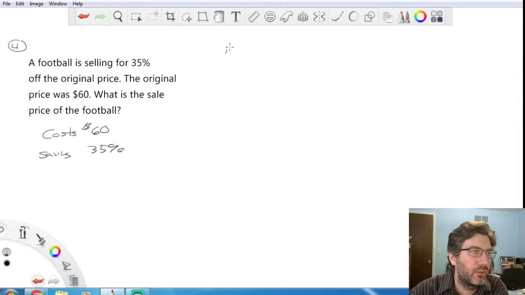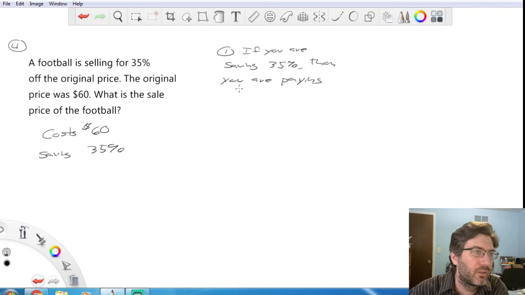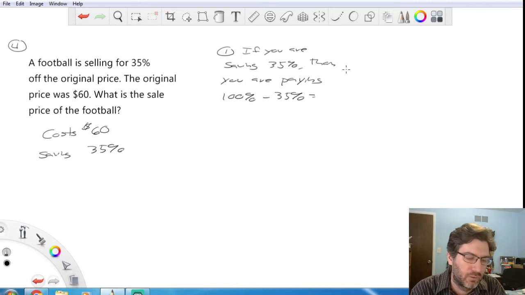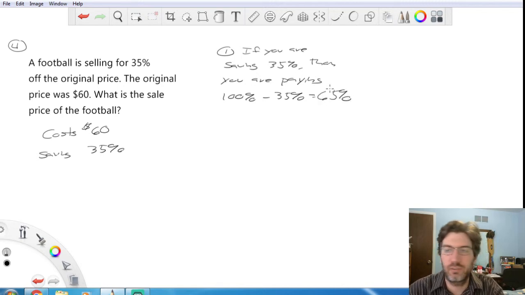So the first way you can do it is if you're saving 35%, then you are paying 100% minus 35%, which gives you, I already know that answer, I don't know why I'm using a calculator, 65%. So you're paying 65%.